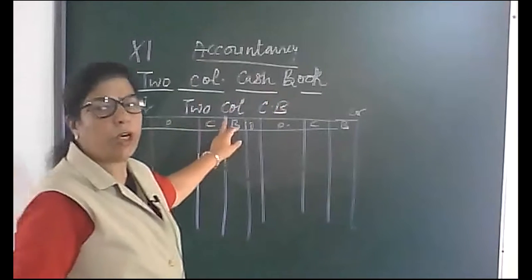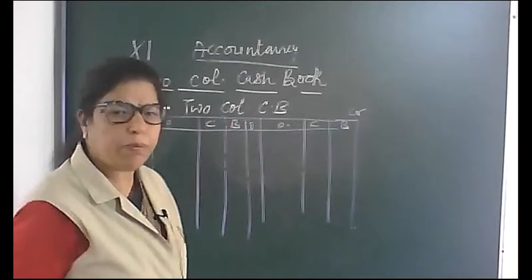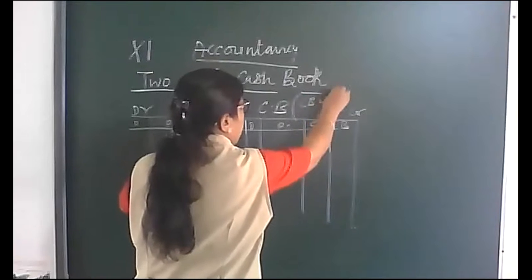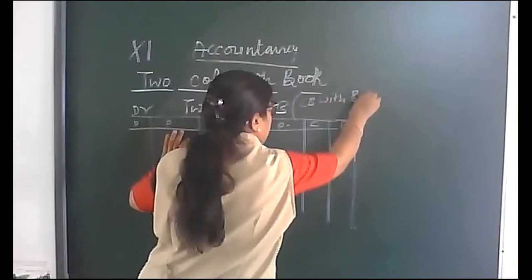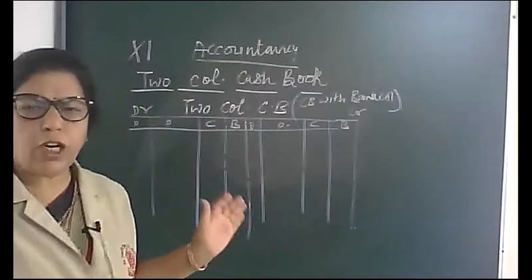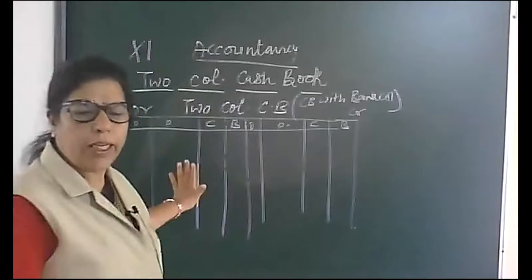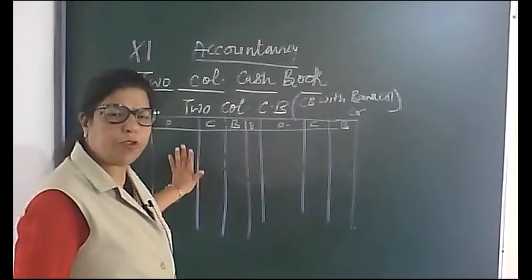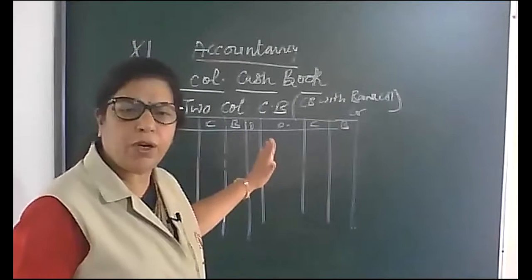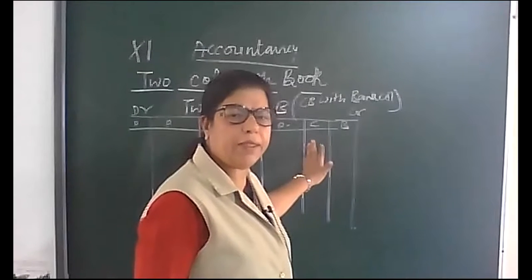Why two column or double column? Because it is the cash book with bank column. So we can write cash book with bank column. The process of entry is same. All inflows, receipts will be in debit side, and all payments and outflows will be at credit side.